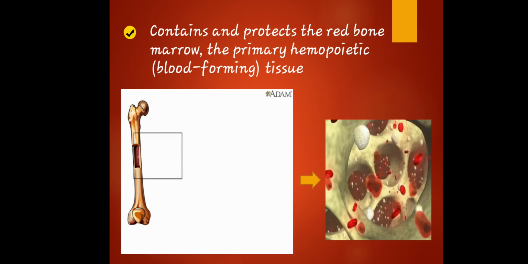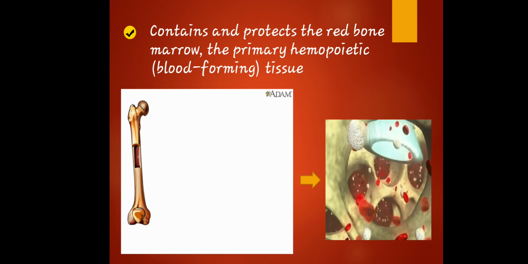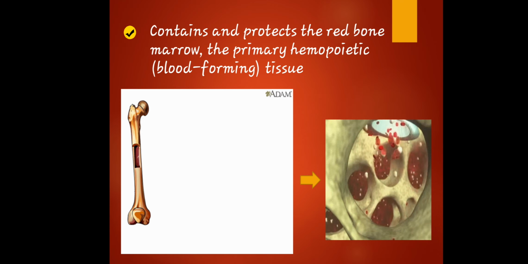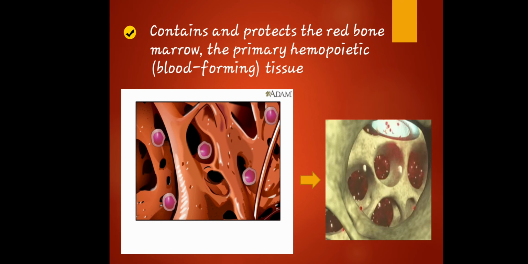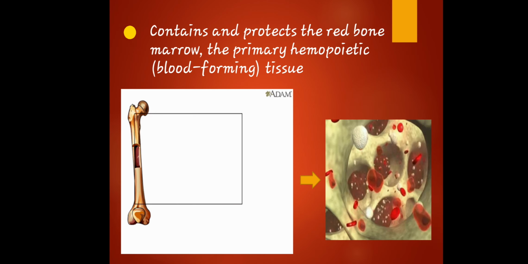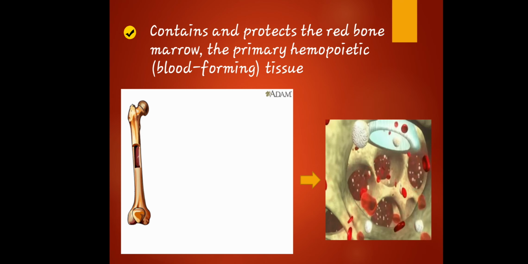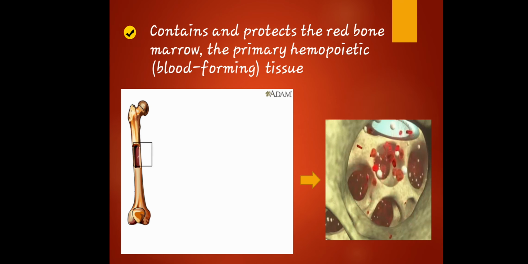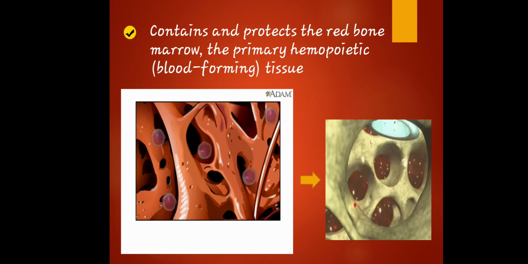Bone marrow, spleen, tonsils, and lymph nodes are involved in the hemopoietic organs. Why? Because they're involved in the production of blood. That is why you see the small red spots there, because hemopoietic organs such as red bone marrow can produce blood.